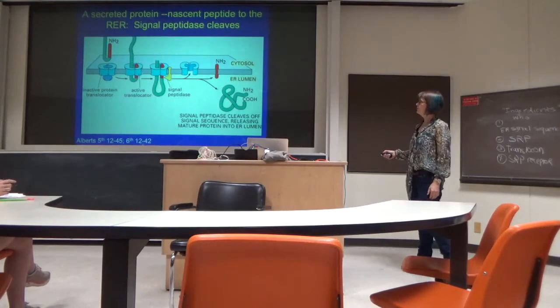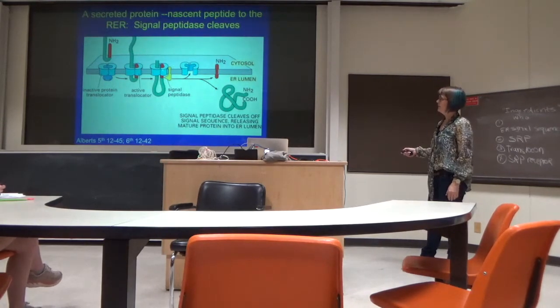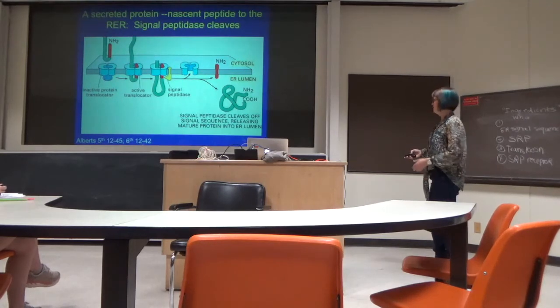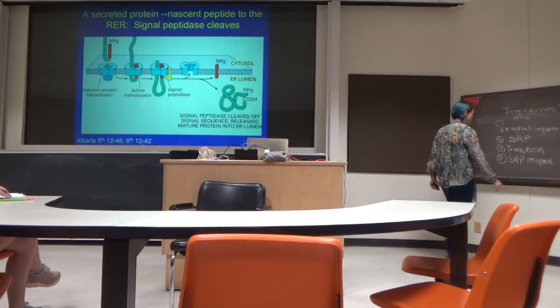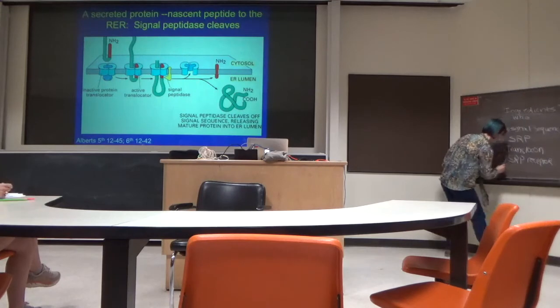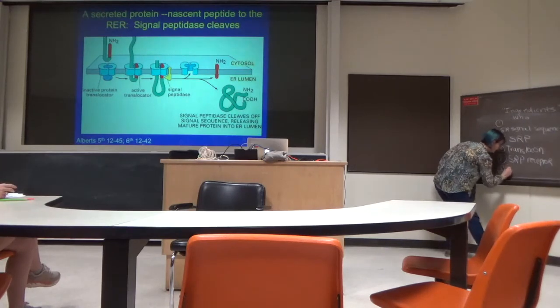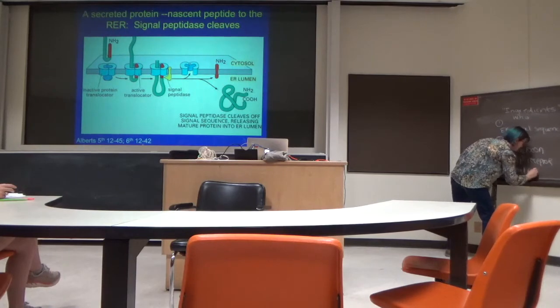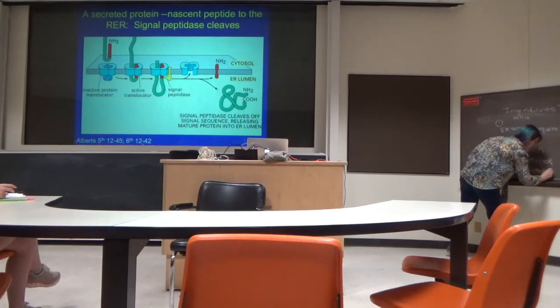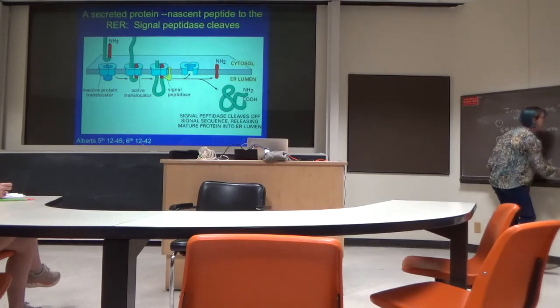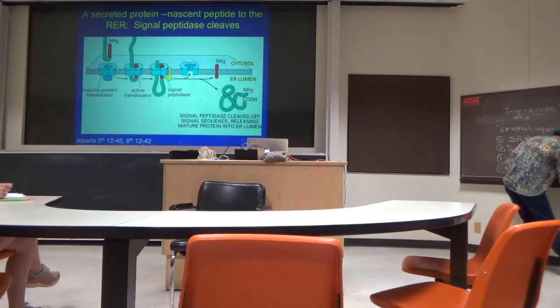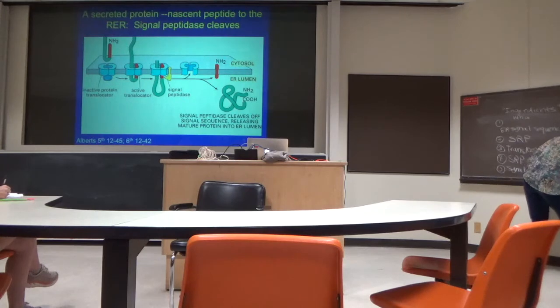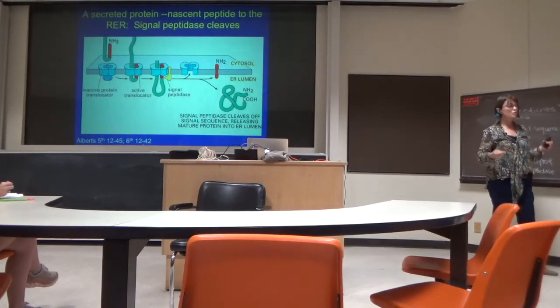So we have this protein being synthesized. We have another ingredient called signal peptidase right here. Signal peptidase is a protease that will cleave the ER signal sequence. It recognizes that sequence. In contrast to trypsin, it is super specific.